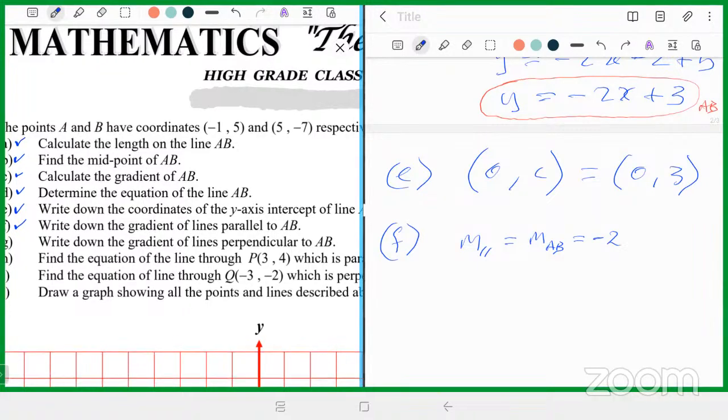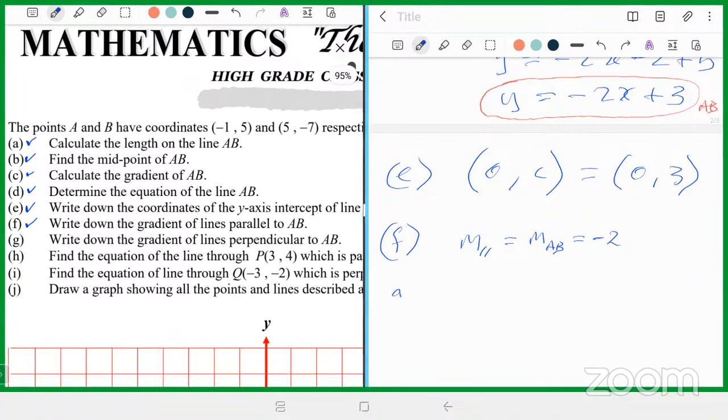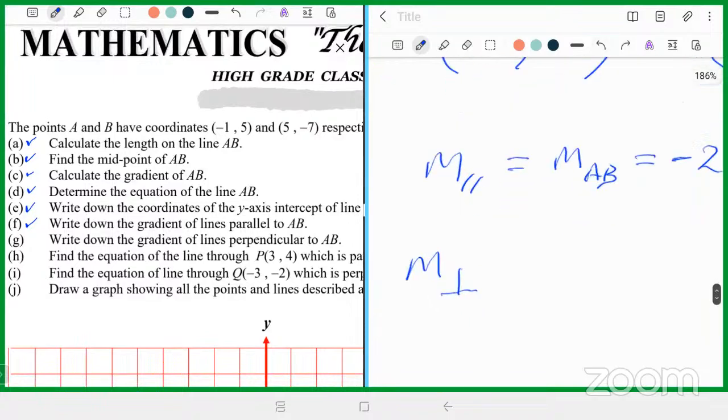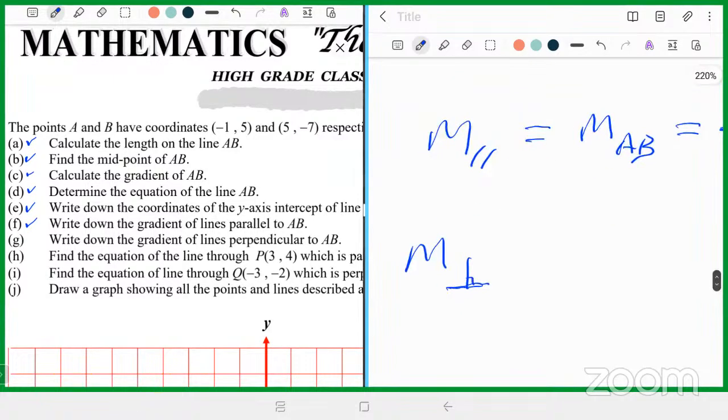So let's write it down here. So for part G, the gradient of perpendicular lines, and this is my symbol for perpendicular. So if you look at it, it looks like I'm forming a perpendicular right there. That's my symbol for perpendicular. So while this is my symbol for parallel, this is my symbol for perpendicular. I can just put a small cross like that for my symbol for perpendicular. So this is my perpendicular. This is my parallel. This is my perpendicular.